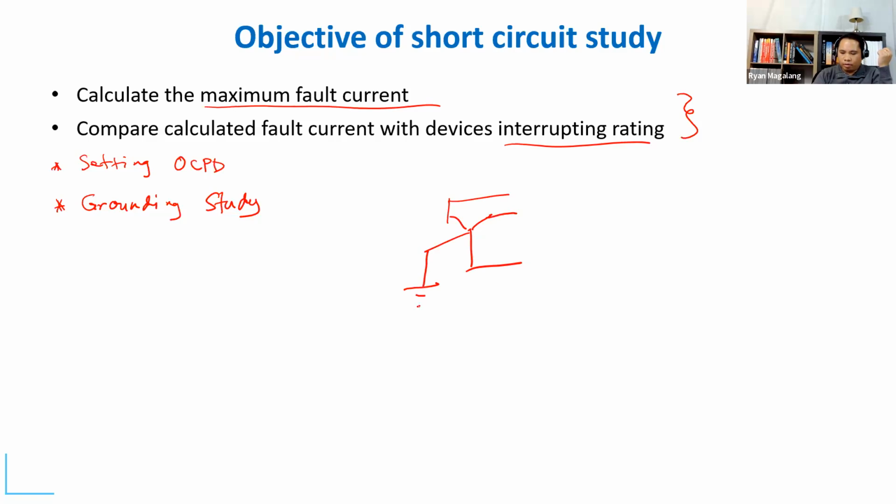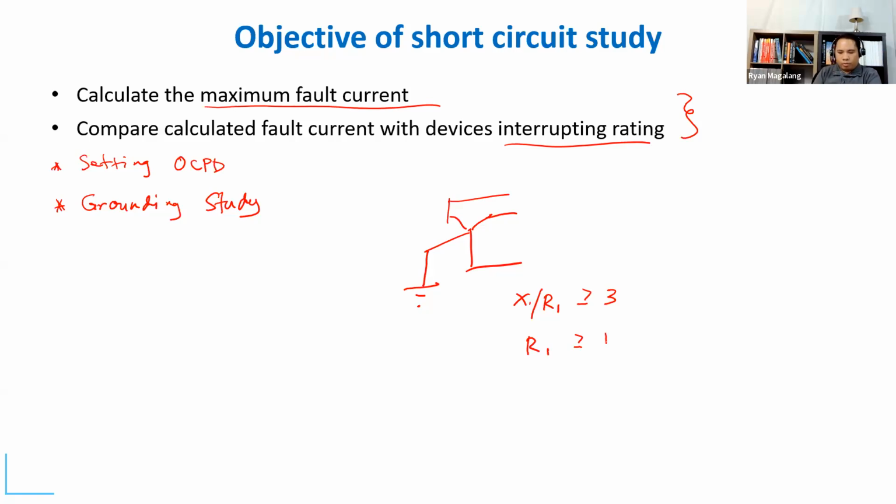You effectively or directly connect your neutral into the ground, and there is an IEEE requirement that relates to that, which is, I believe, your X1 to R1 ratio should be less than or equal to 3. And there's another one, I believe the R1 value should be less than or equal to 1.